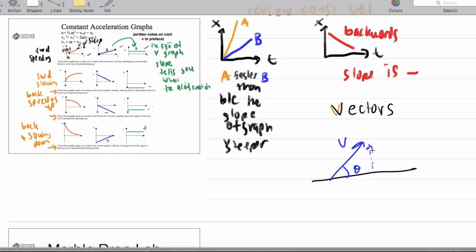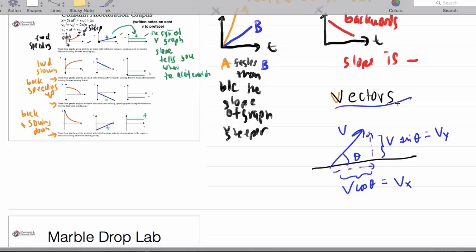It's like a shorthand for a triangle with an arrow at the end, where this is sort of the hypotenuse. This leg has a length of v sine theta. This leg has a length v cos theta. And we labeled them according to the sides of the triangle. So this is Vy, this is Vx. This is a tool that we used when we studied projectile motion on day 3. But I wanted to make sure that we had that labeled now.